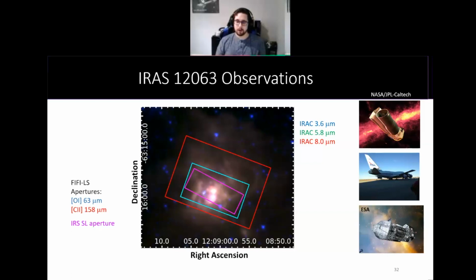So IRAS 12063 is about 10 kiloparsecs. So it's much farther away. Likewise, W49, which we'll be looking at, is also about 10, yes, similar. NGC 133 is, I think, maybe about 100 to 200 parsecs. So it's actually comparable in distance. Okay. So how about in terms of the exciting sources?